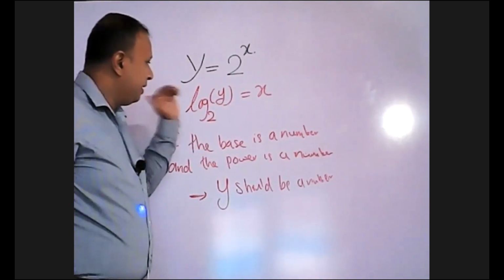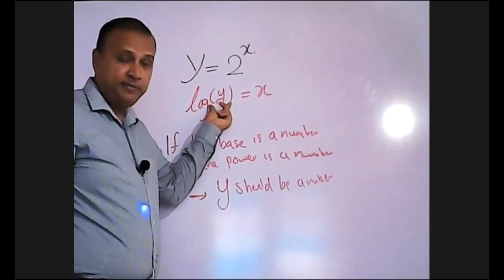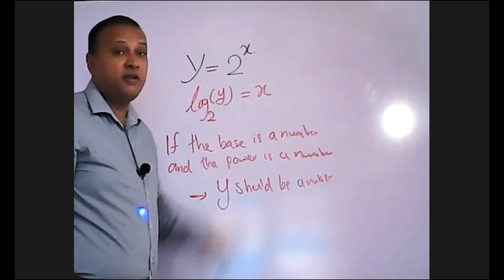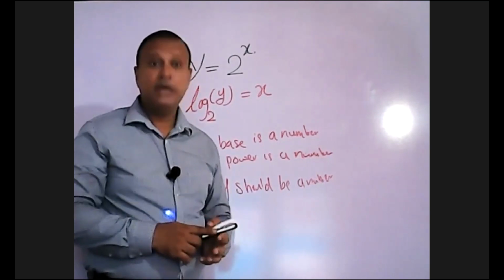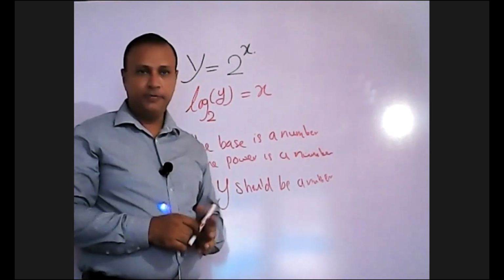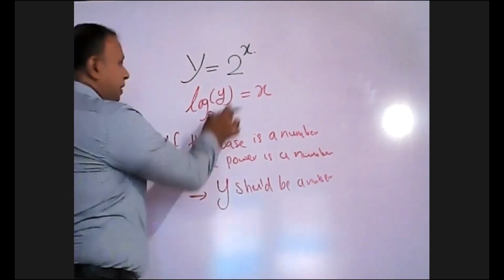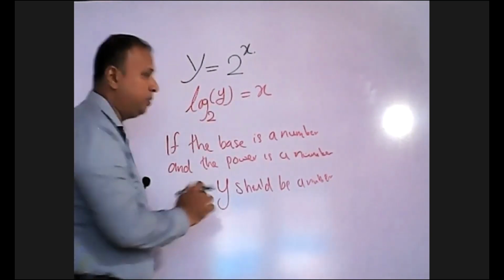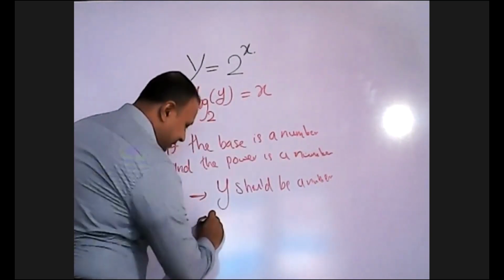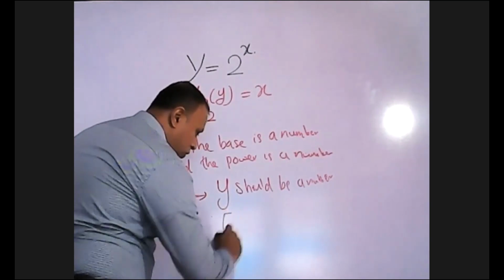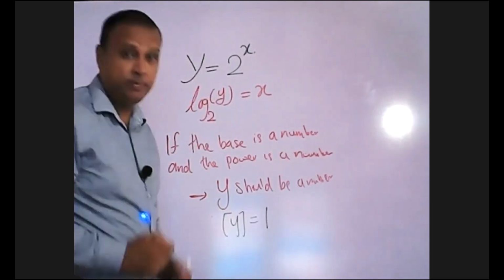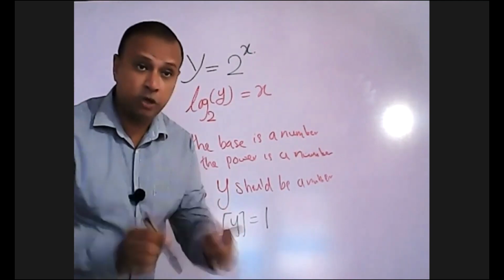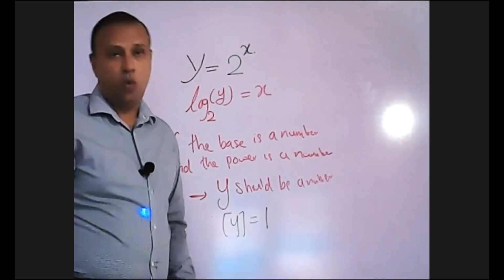So the expression within this logarithm function should not have a dimension. So according to this argument, y is a number. So y doesn't have a dimension. That means dimension of y is equal to 1.